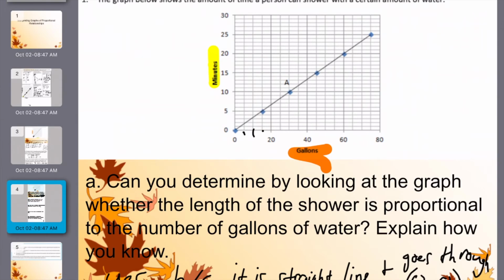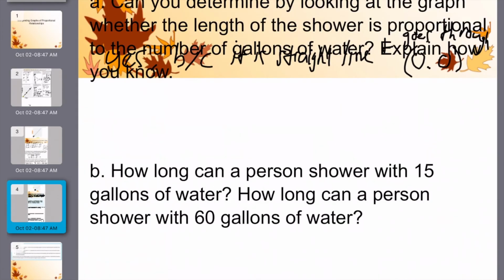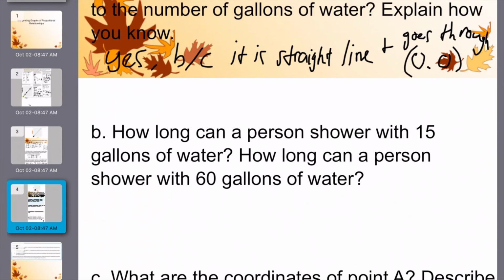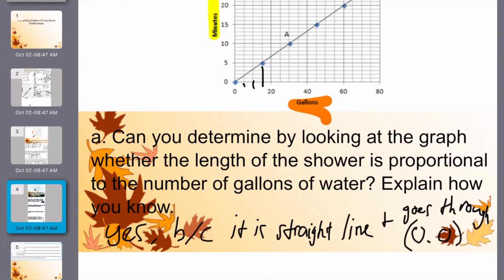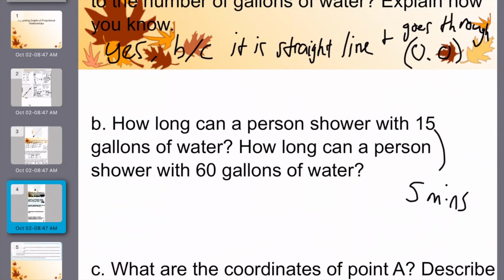So 5, 10, 15, and I go up and I see that I can shower for 5 minutes. And 60 gallons is going to be 20 minutes, just from looking at the graph.